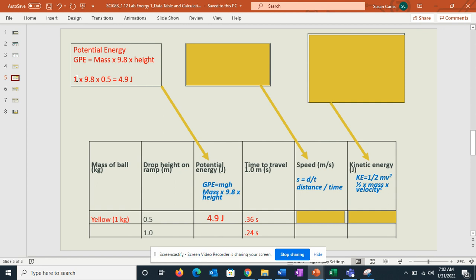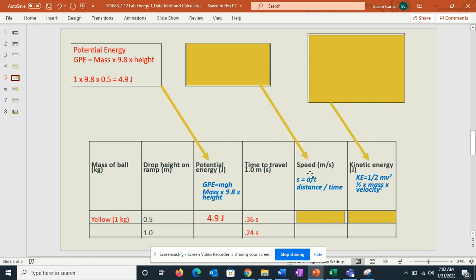So we know that the mass of the yellow ball is 1, gravity is 9.8, and the height from this first drop is 0.5. When we do the calculations, we multiply 1 times 9.8 times 0.5, and we get 4.9, and we measure potential energy in joules, so we put J.